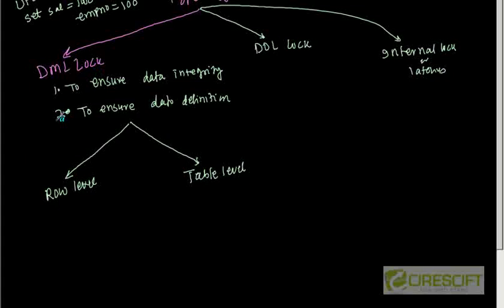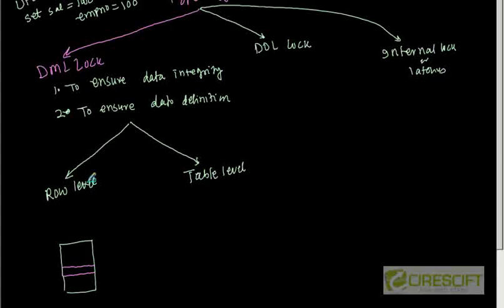One at the row level. I'll go and find the block where the row for employee number 100 exists. Let's say employee number 100 exists somewhere here. In that case, I'm going to put a row level lock.